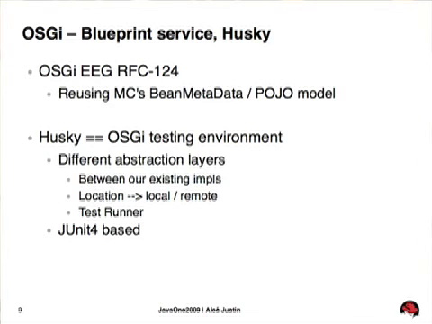The next thing is we don't actually care where the tests are run, so it's going to be easy for us to also test distributed OSGI and so on. You can have it local or remote, it's all abstracted. We also wanted an abstraction of the test runner, meaning we don't care whether it's Maven, Surefire or Ant and so on. And it's all JUnit4 based.